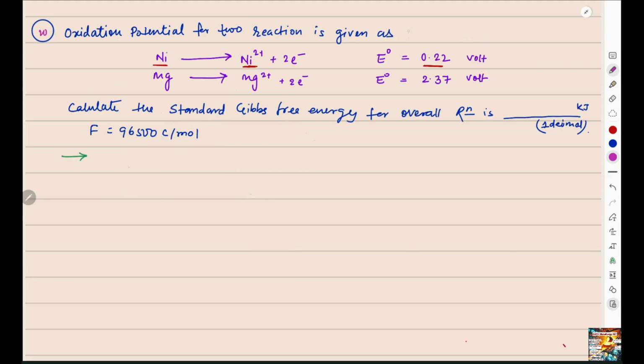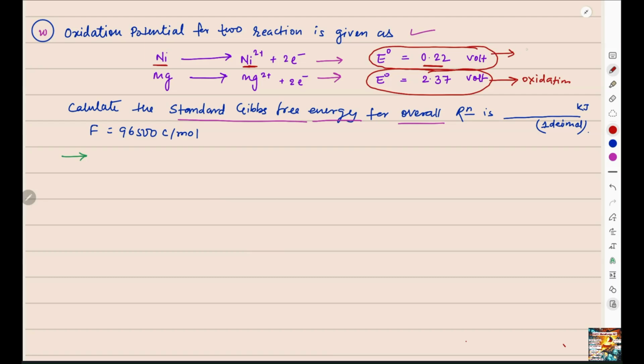The oxidation potentials of two reactions are given, so this is the oxidation potential, not the reduction potential. You have to calculate the standard Gibbs free energy for the overall reaction. Clearly we can see that as the oxidation potential of the second reaction is more, there will be oxidation here, and this is less in terms of oxidation potential, so there will be reduction here.